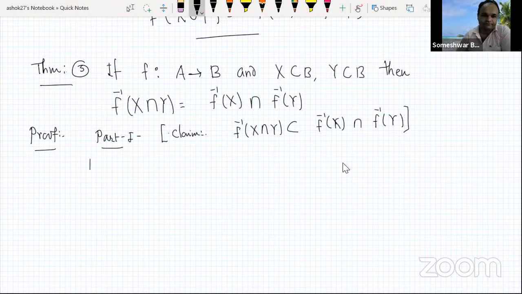For that, let's take one element from this set and prove it is here.